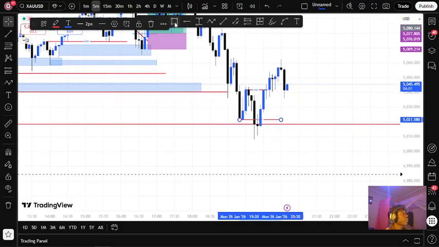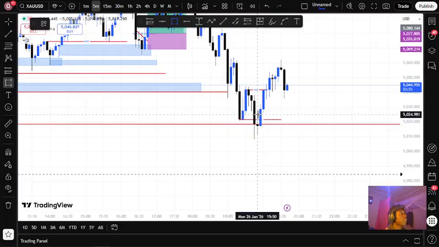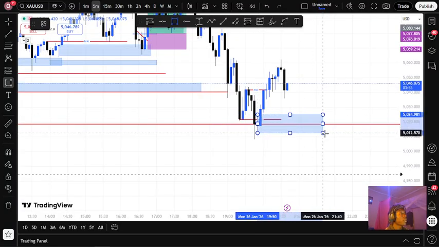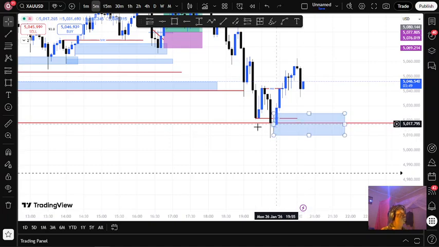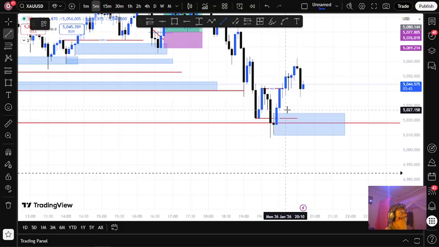There's also an order block here, or maybe a demand zone. You can see there's a liquidity resting here.